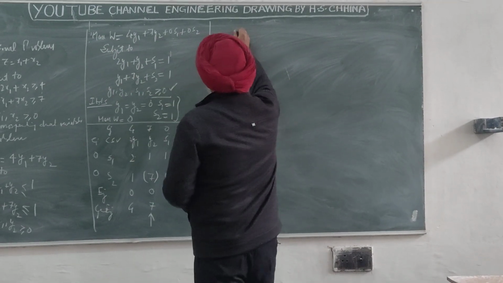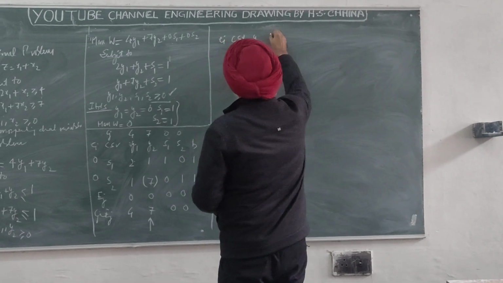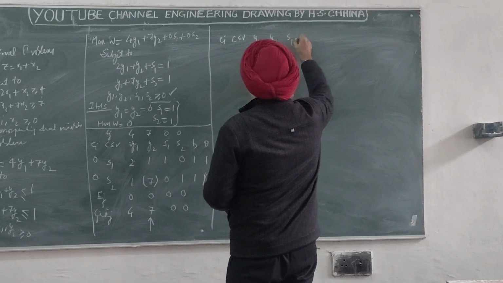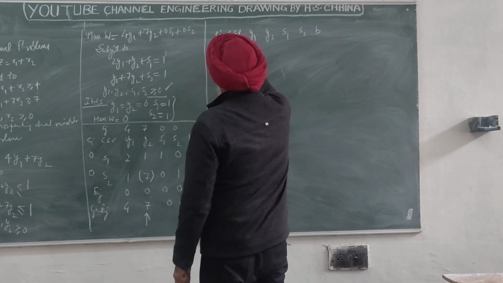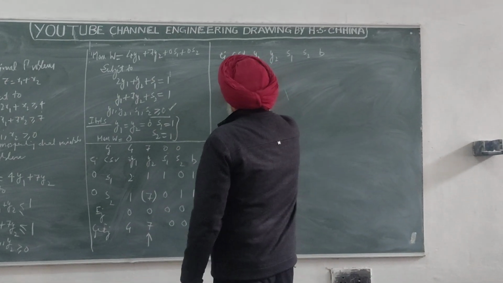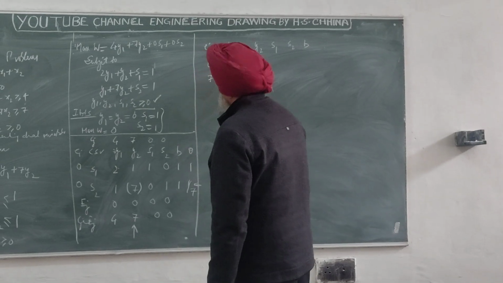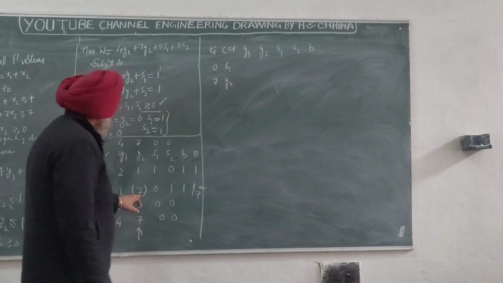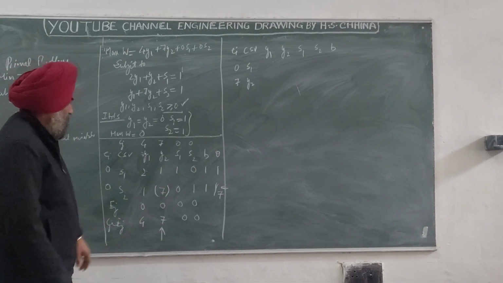Now we do another iteration. CSV, EI, Y1, Y2, S1, S2, B. What happened here? S1 will remain as it is. So S2 is replaced by Y2 having objective function value 7. So make it 1 because whatever the iteration we are going to do, we are going to do on a key element or a pivot element.